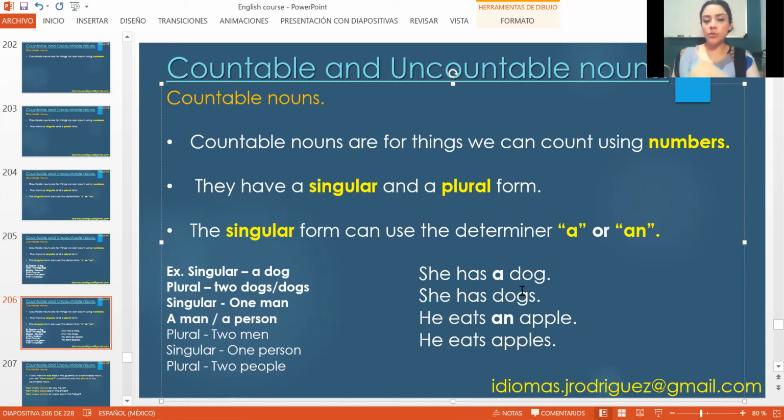And in my example, she has a dog, one dog. She has dogs, 2, 3, 4, I don't know. He eats an apple. Él come una manzana. He eats apples. Él come manzanas. Okay, it could be 2, 3, 4, and so on.